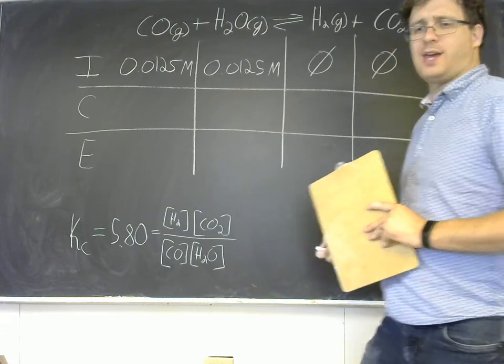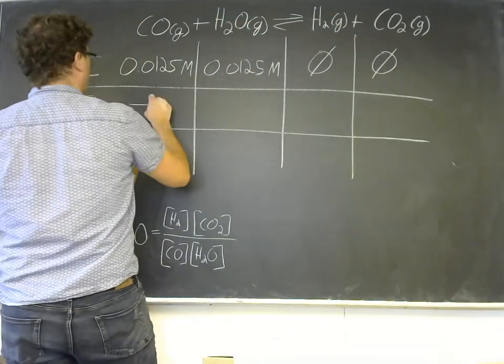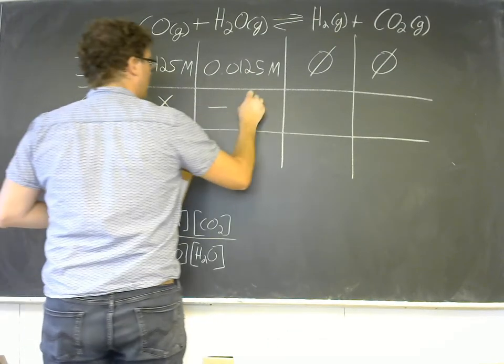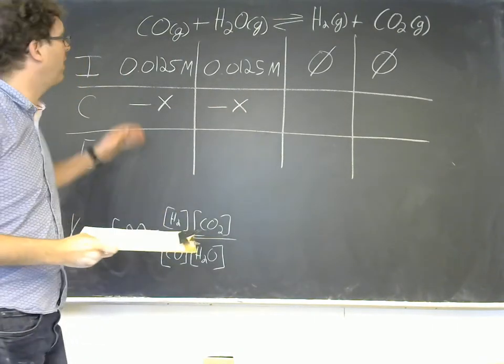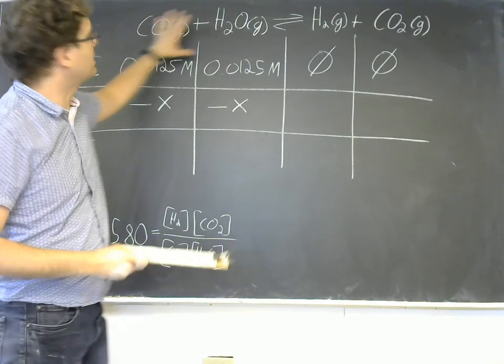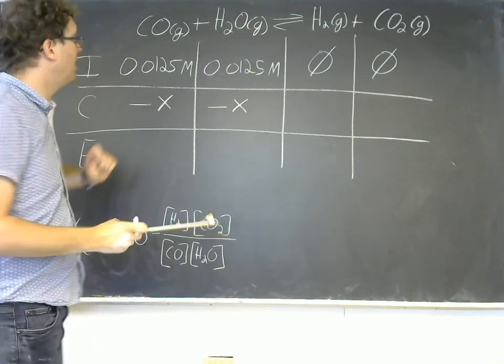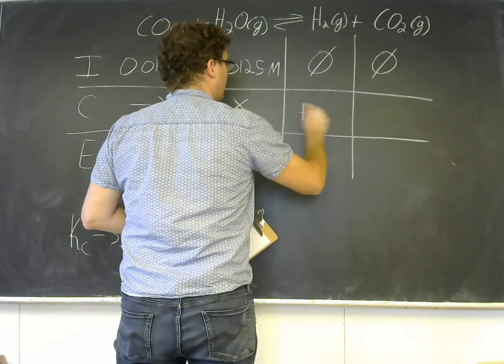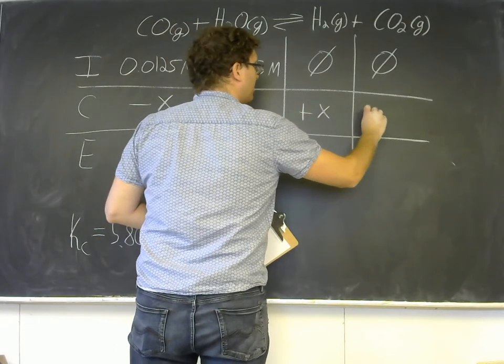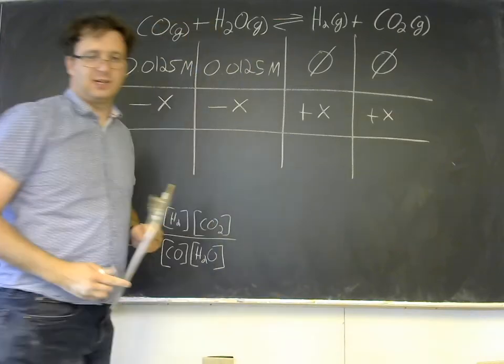Now in this case, we'll again talk about the change in terms of some unknown variable x. We'll lose some amount of these. We're not sure exactly how much. And then we'll gain an equal amount of each of these.